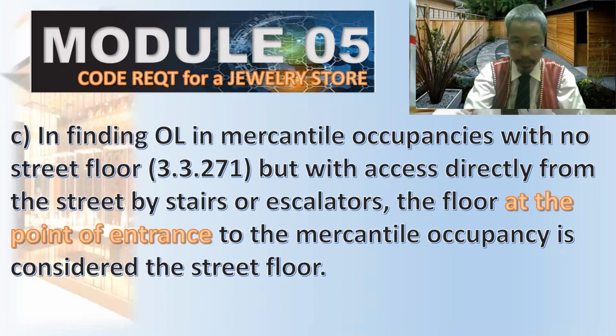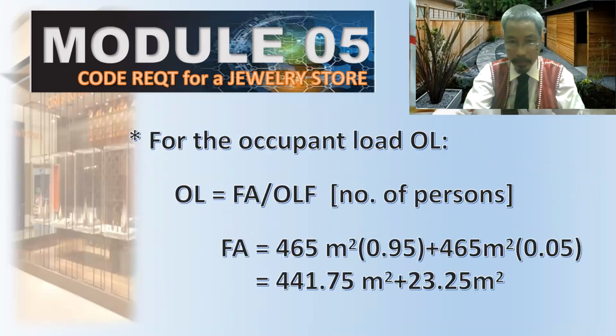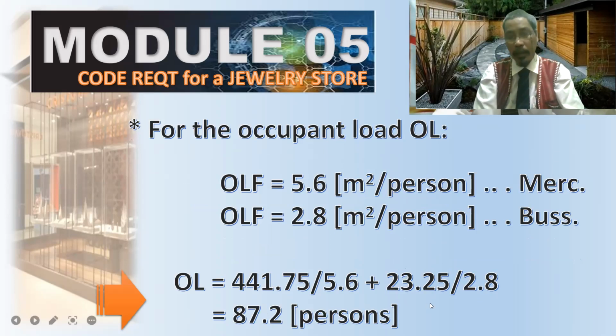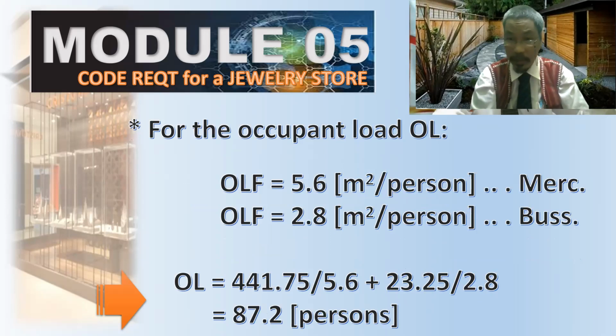So let's go back. This one, so less than 41.8, so 23.25. So therefore, we have to use 2.8 square meters. And because of that, 23.25 divided by 2.8. So if you compute 441.75 divided by 5.6 plus this value, therefore we have 87.2 or 88.